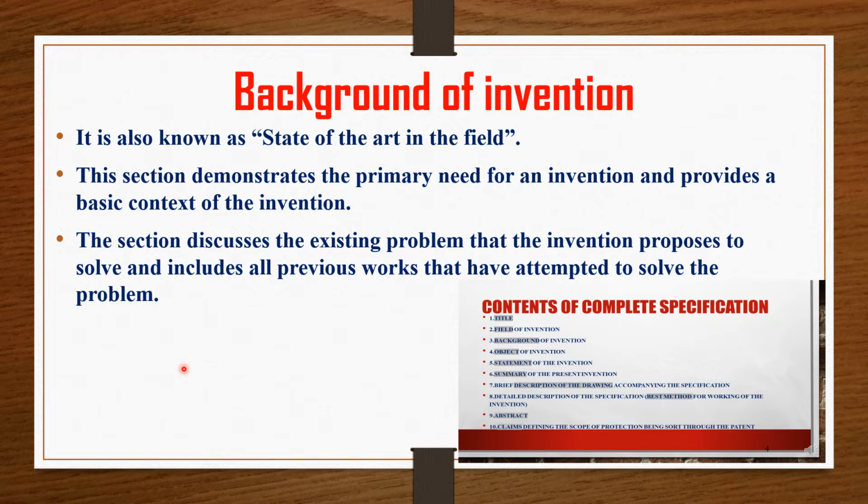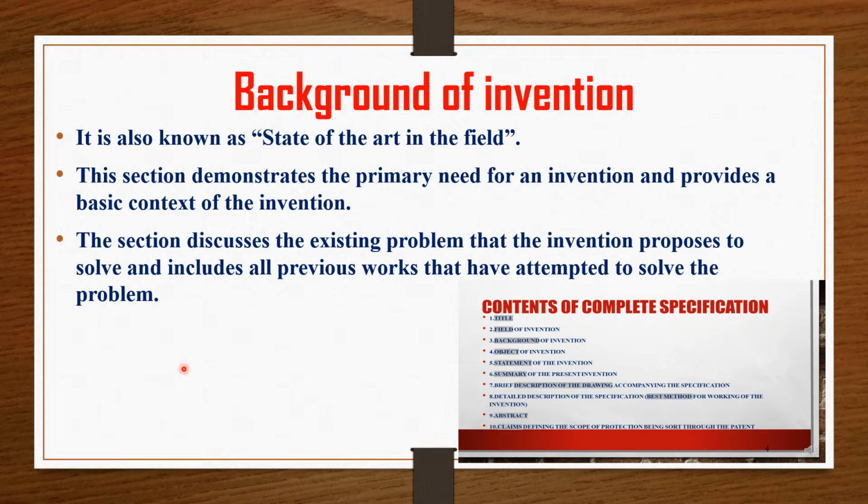The next point. This section of the complete specification demonstrates the primary need for an invention and provides a basic context of the invention. The next point is that the section discusses the existing problem that the invention proposes to solve and includes all previous works that have attempted to solve the problem. That means here in this particular section of the complete specification, discussion is done on the existing problem and the present invention proposing the solution.